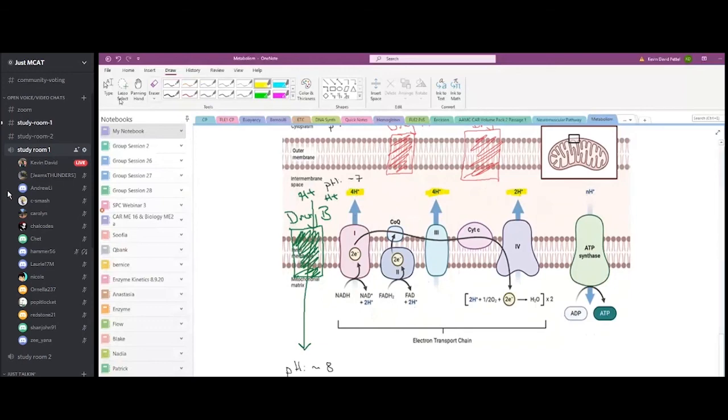And this is simply 4 for complex 1, 0 protons for complex 2, 4 protons for complex 3, and 2 protons for complex 4. So 4, 0, 4, 2. So 10 protons across complex 1 through 4 are transmitted from the mitochondrial matrix to the inner membrane space.